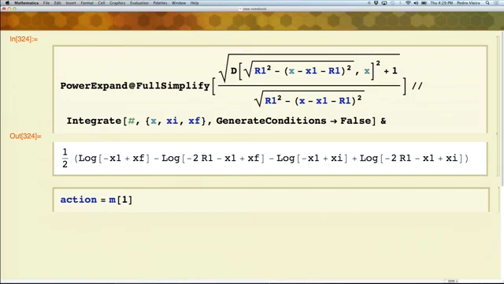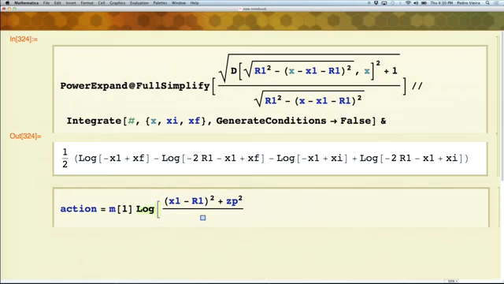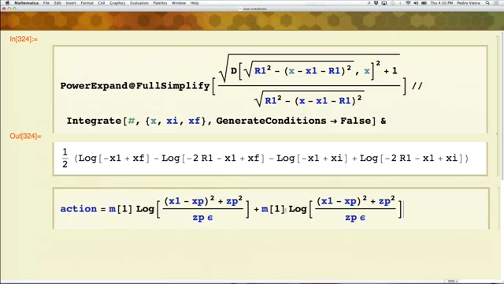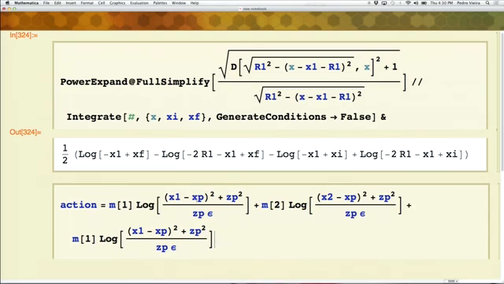Our action is m1 times log of, say, (x1 minus R1) squared plus ZP squared over XP squared over ZP epsilon, plus the same thing for M2, X2, plus the same thing for M3.